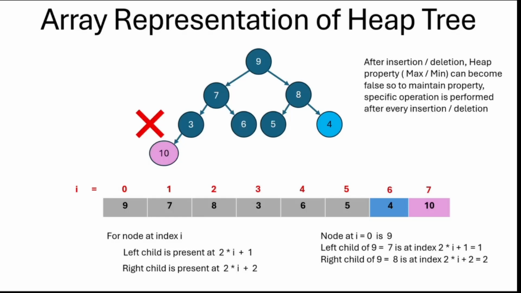So after an insertion or a deletion, the heap property, max or min, can become false. So to maintain that property, a specific operation is performed after every insertion or deletion. That specific operation is called Heapify.